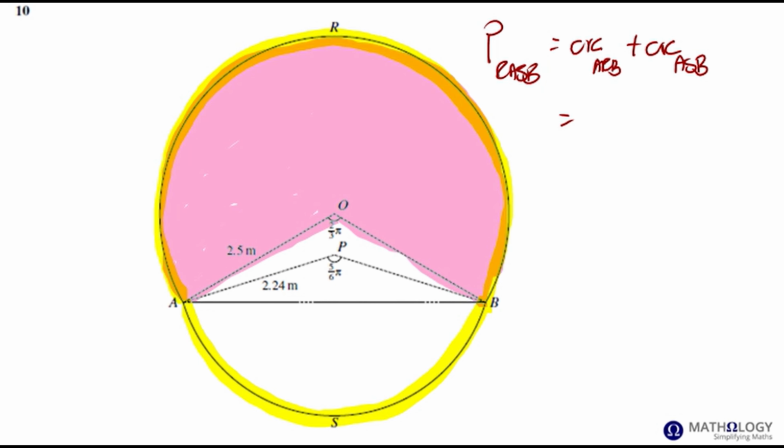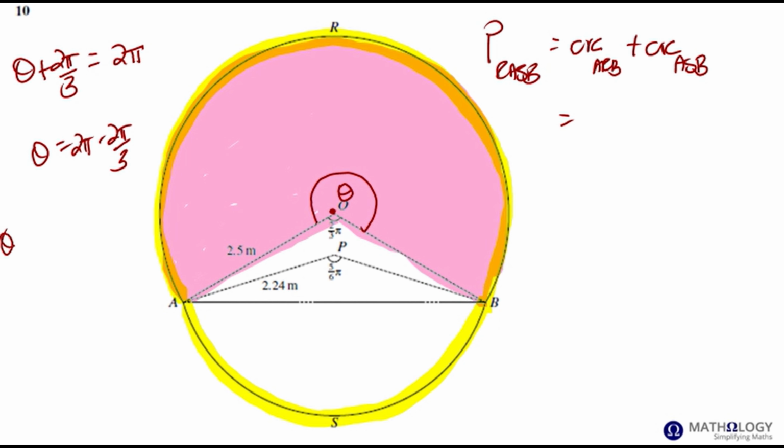So we need to know what the arc angle is, and the arc angle is this, which we will call theta. Now, this angle here is 2 pi by 3 radians. So to find theta, theta plus 2 pi by 3 is a complete revolution, which is 2 pi. So theta is 2 pi minus 2 pi by 3. It's going to be 6 pi minus 2 pi, it's going to be 4 pi by 3. So theta is 4 pi by 3 radians.